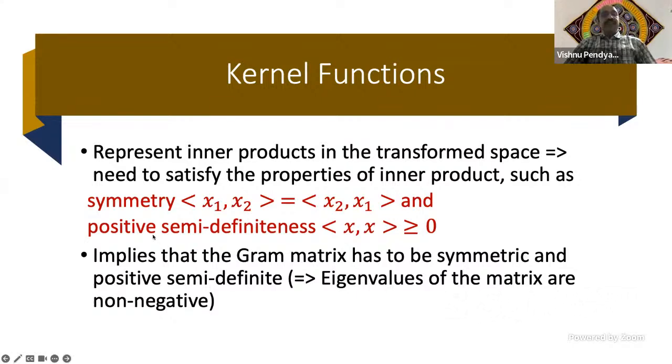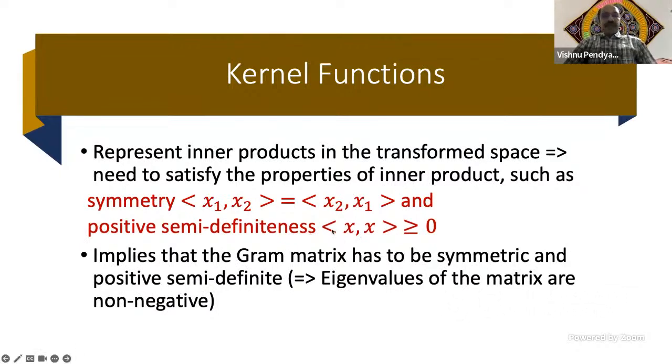And the other interesting property is that of positive semi-definiteness. So remember, we define the norm based on the inner product of the vector with itself, right? Similar thing applies to inner products in function spaces as well.